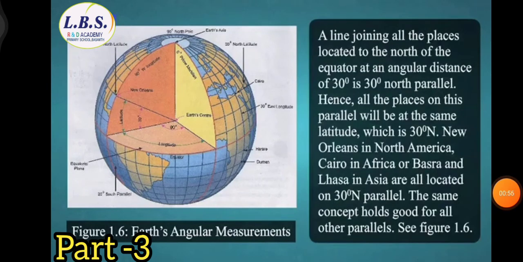A line joining all the places located to the north of the equator at an angular distance of 30 degrees is the 30 degrees north parallel. Hence, all the places on this parallel will be at the same latitude, which is 30 degrees.